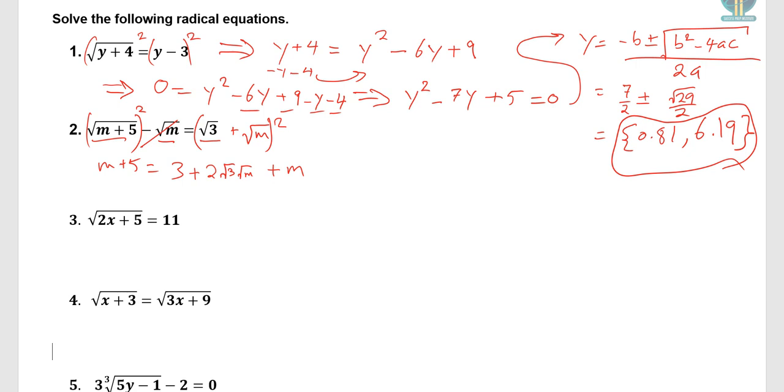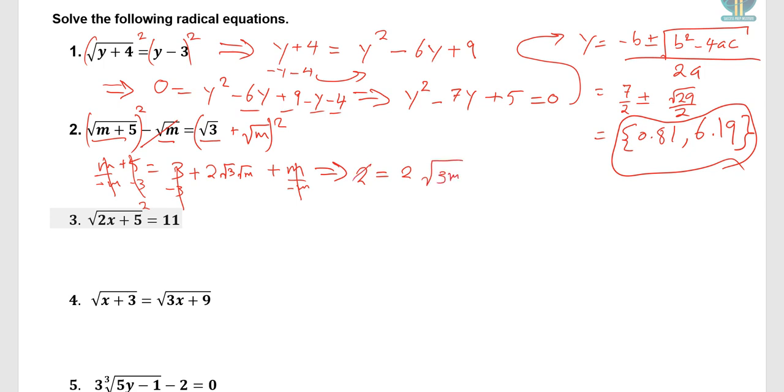Now we have m and m, so if we subtract m from both sides, these will go away, right? And then we'll have 5 equals, and we can also bring this 3 to the left-hand side by subtracting 3 from both sides. So 5 minus 3 is 2. So 2 equals 2 square root of 3 times square root of m, which is just the square root of 3m.